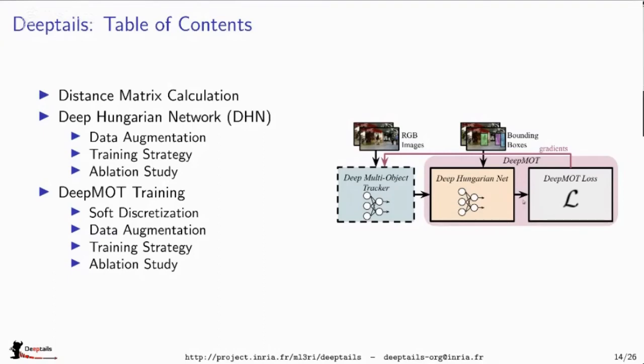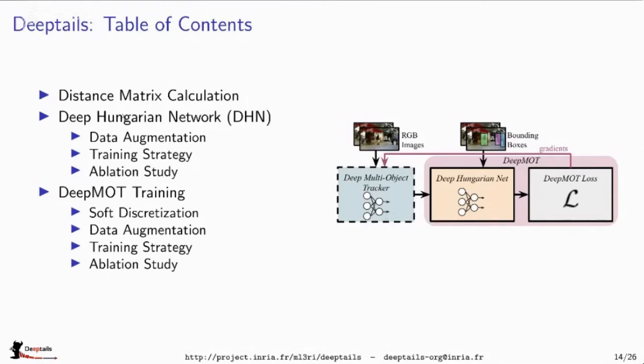After that, by using the soft assignment matrix and the input distance matrix, we can calculate the DeepMOT loss, as Xavier said. The gradients from the DeepMOT loss will be backpropagated through the DHN, and finally arrive in the deep multi-object tracker, and we will update the weights of the deep multi-object tracker.